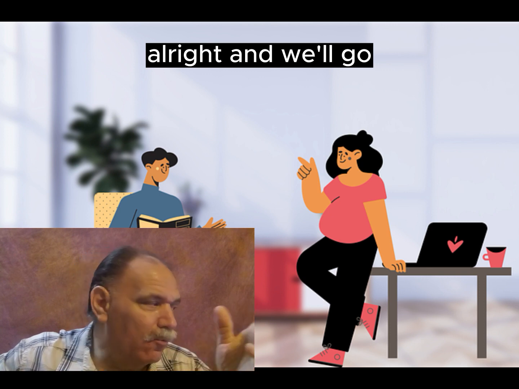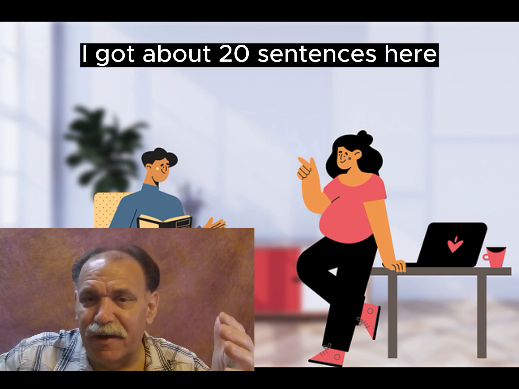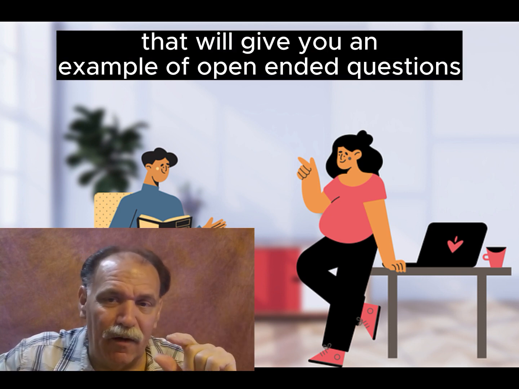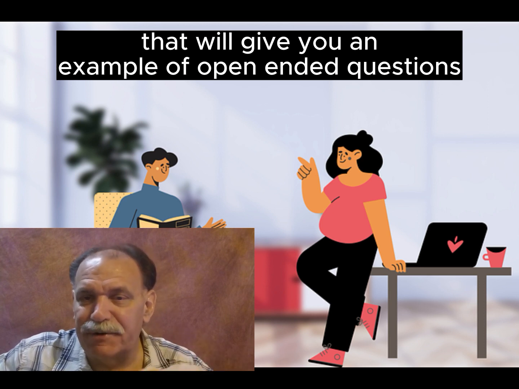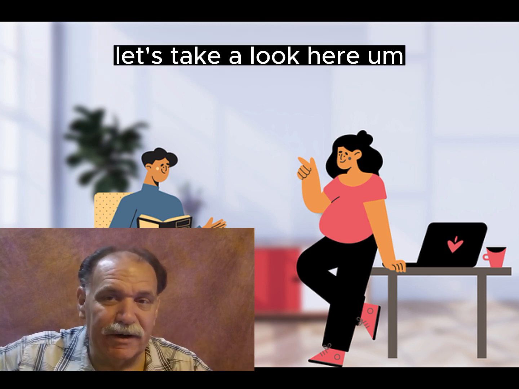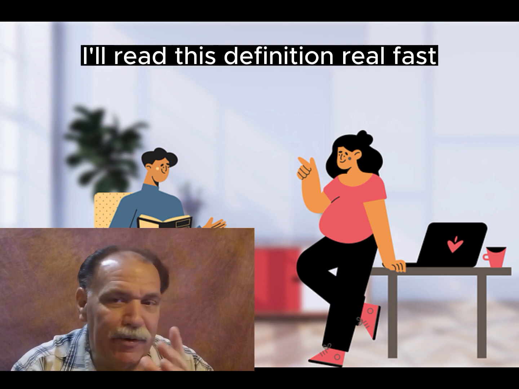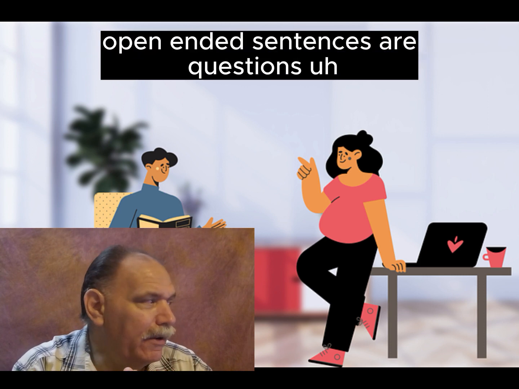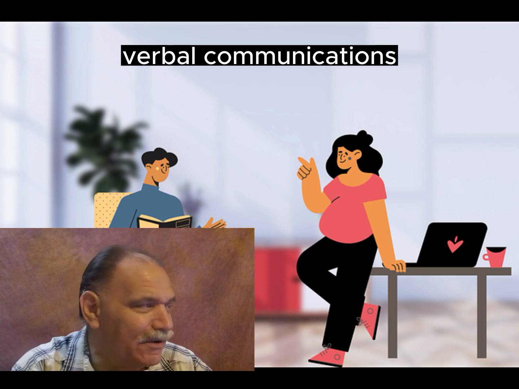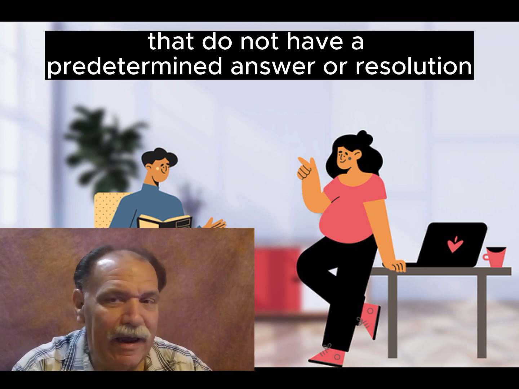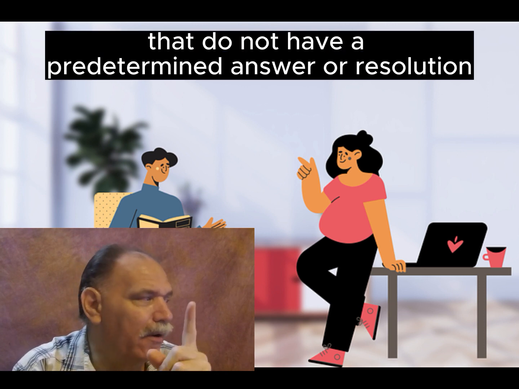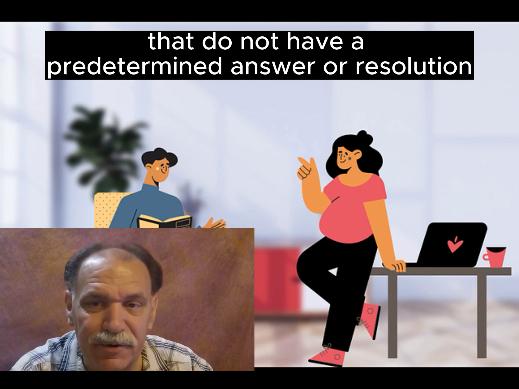All right, and I got about 20 sentences here that will give you an example of open-ended questions. So let's get started. Now remember, I'll read this definition real fast. Open-ended sentences are questions, verbal communications that do not have a predetermined answer or resolution.